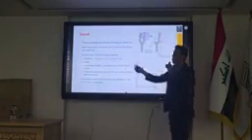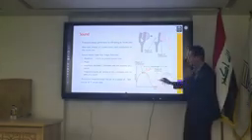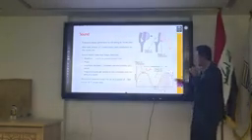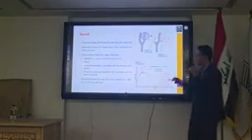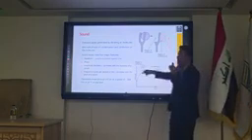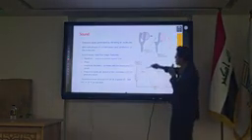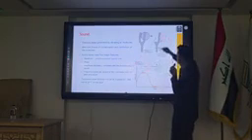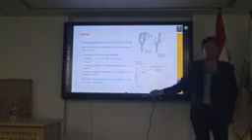Sound waves have four major features. The first one is waveform. The waveform for this one is a sinusoidal one, right? Maybe we have something else. For example, we may have something like this. Okay, so the waveform is different.